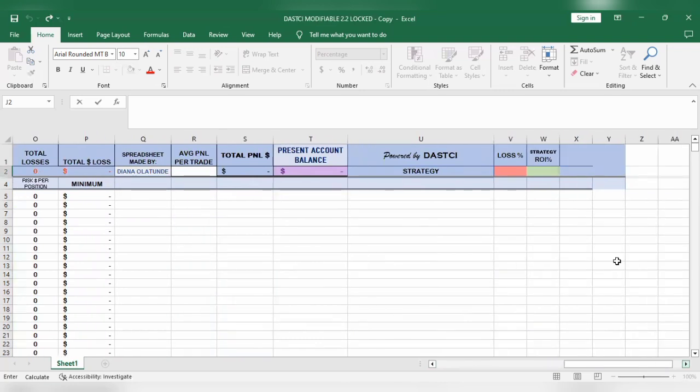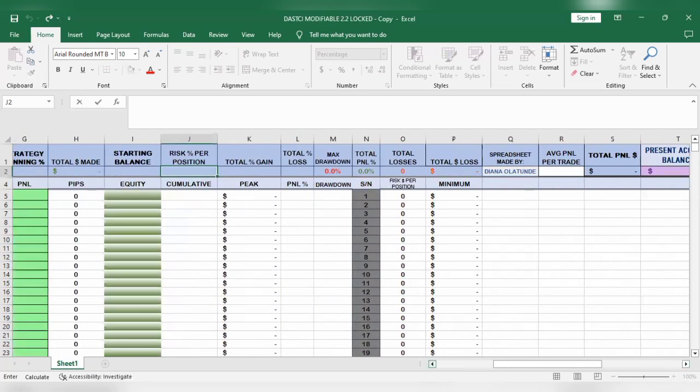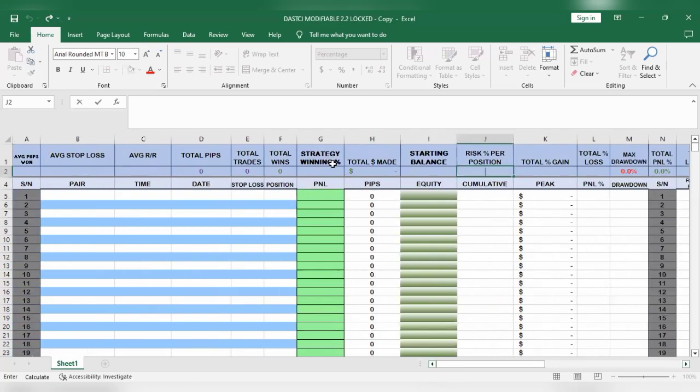For each time you place a trade, you're going to have the percentage of the loss and the overall return on investment of the strategy for that particular pair. Okay, let's say you have a strategy that has a winning percentage of maybe 70%, and the total loss percentage is maybe 30%. Now, that means that your ROI is going to be 70 minus 30, which would give you a 40% ROI for that strategy.